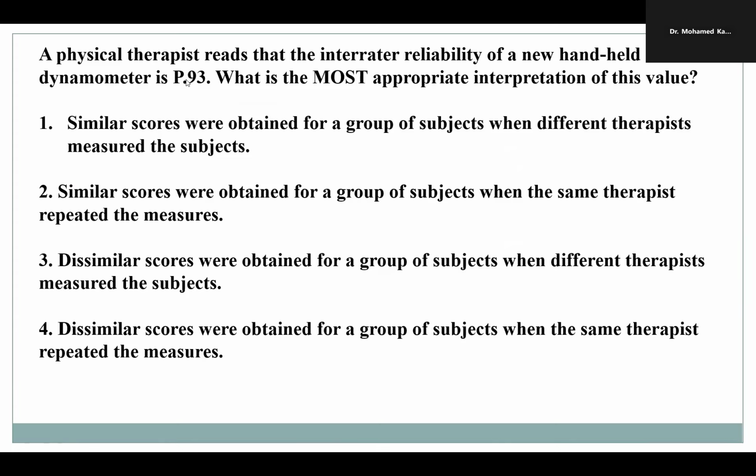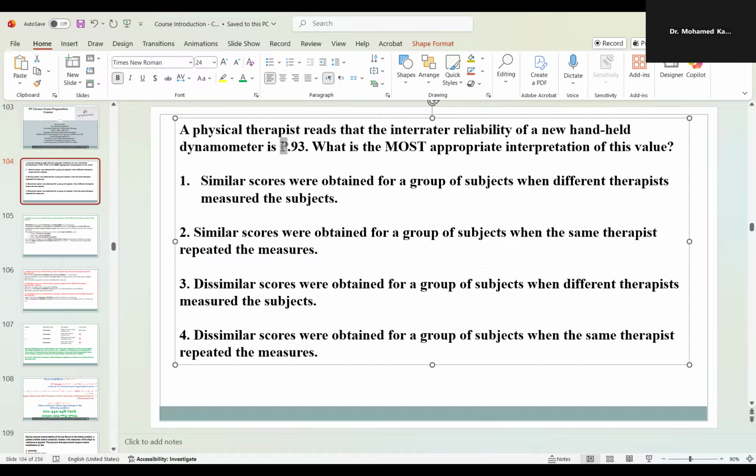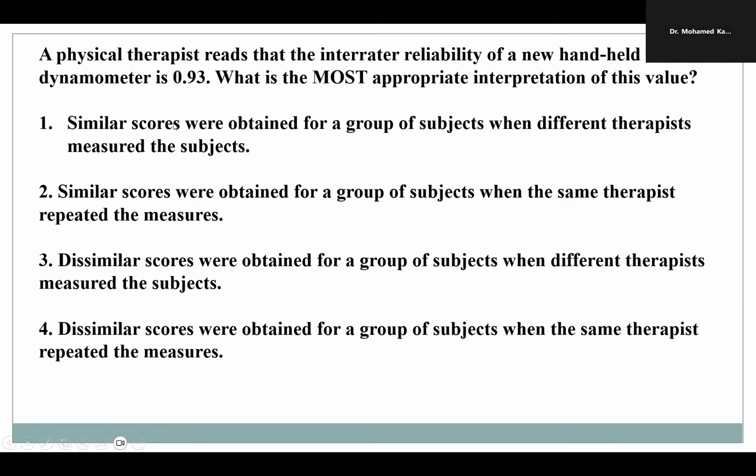What is the most appropriate interpretation of this value?